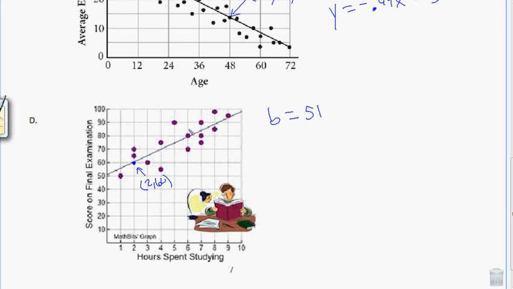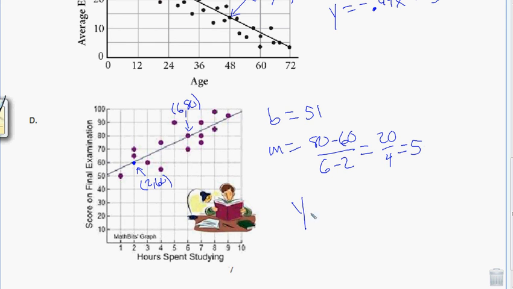And then one over here, how about that one, which is 6, 80. So when I do my slope, I'll do 80 minus 60 over 6 minus 2. That's 20 over 4, which is 5. So y equals 5x plus 51.